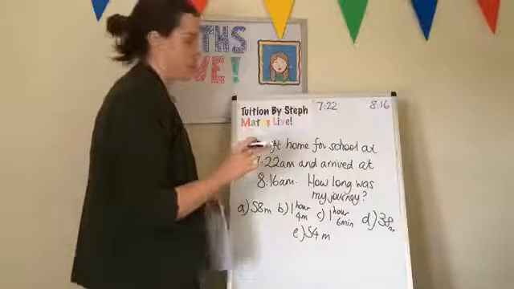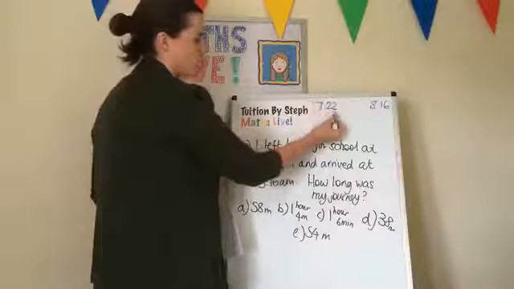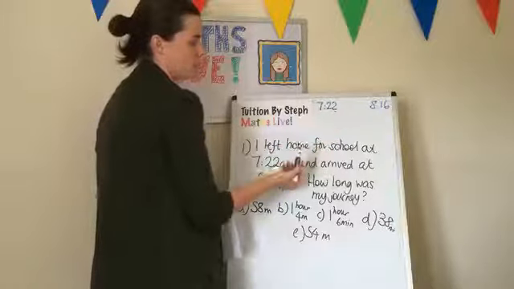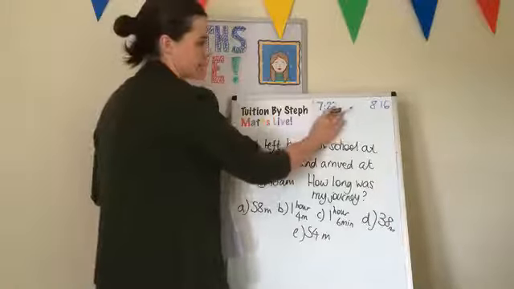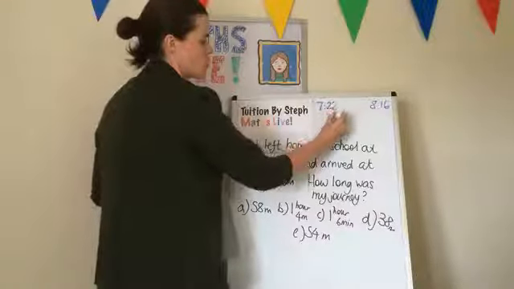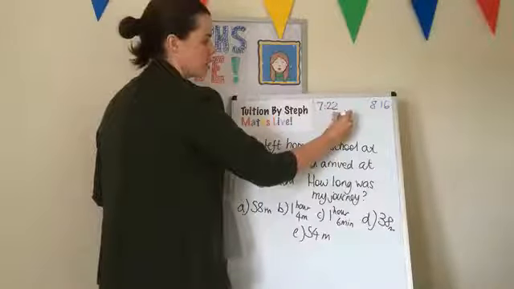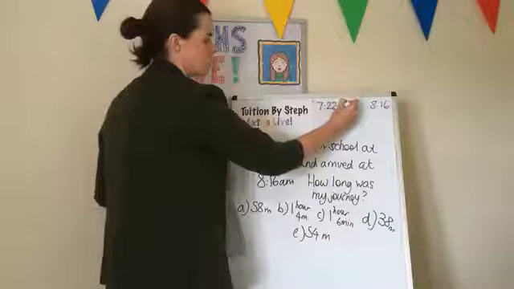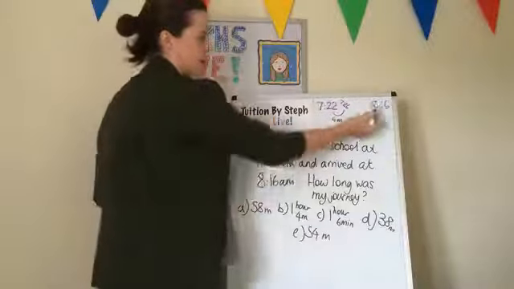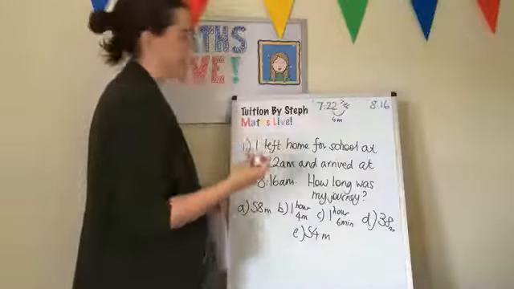So this is what I'm going to do. I'm going to make it so my first digit is 6. So if I add on 4 minutes, that takes me to 7:26. Okay, and now I know they're both in the 6s.